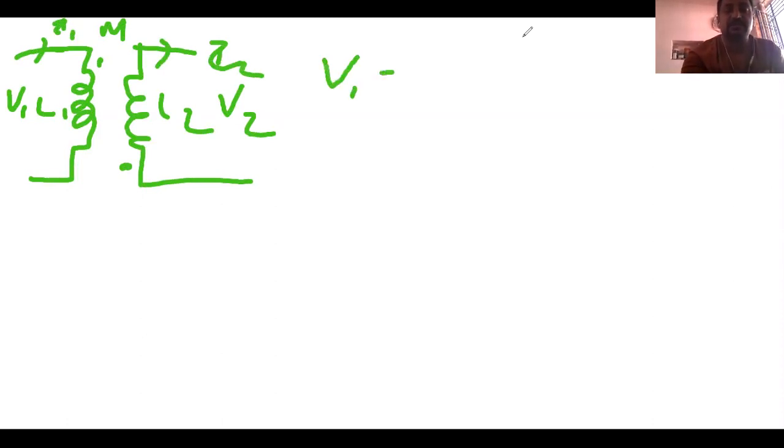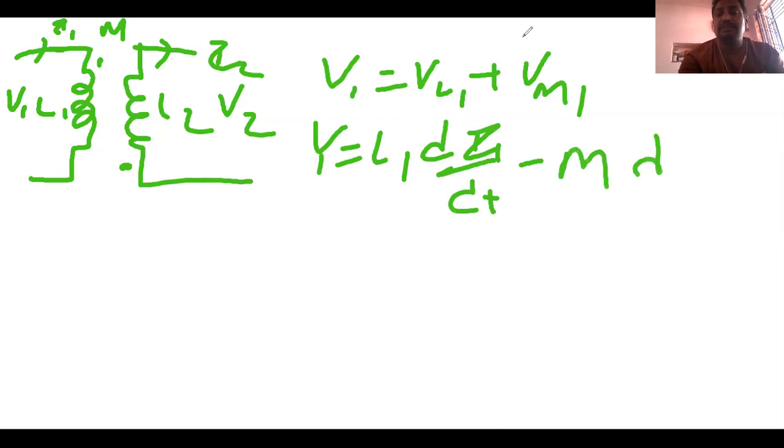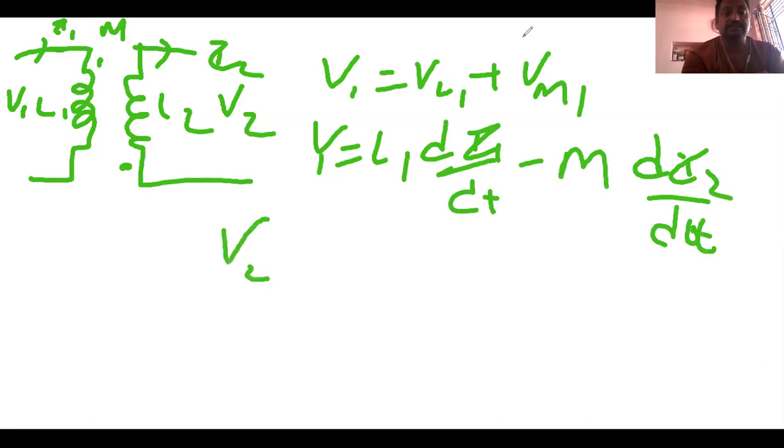V1 is equal to VL1 plus VM1, so V1 is equal to L1 into di1 by dt minus M into di2 by dt. This is the equation, and we'll come back to V2 in a similar way.